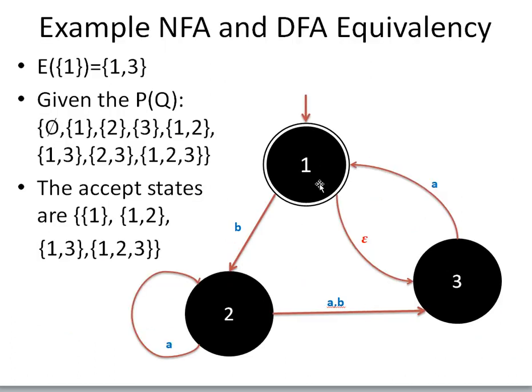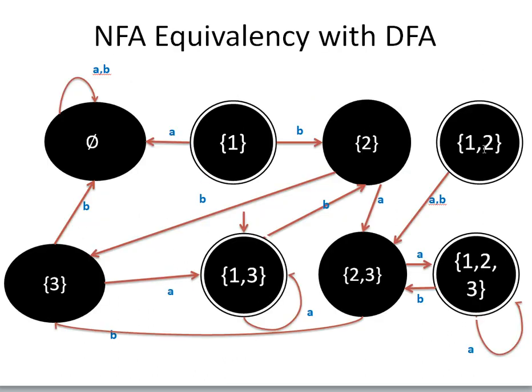So now we look at 1 with B. 1 with B goes to 2, so we have that on the side, which is 2. Okay, so now what about 2? 2 with B goes to 3. So 1 goes to 2 with B, and 2 goes to 3 with B. So the union of 2 and 3 is where 1 and 2 go together to B. So 1 and 2 with A go to 2 and 3, and 1 and 2 with B go to 2 and 3.